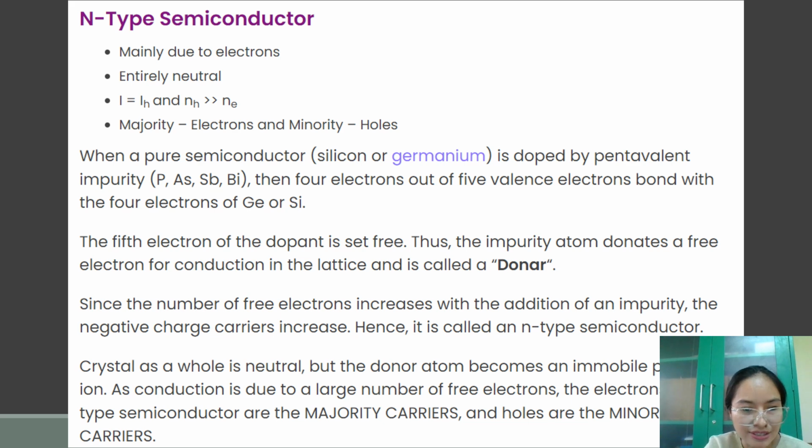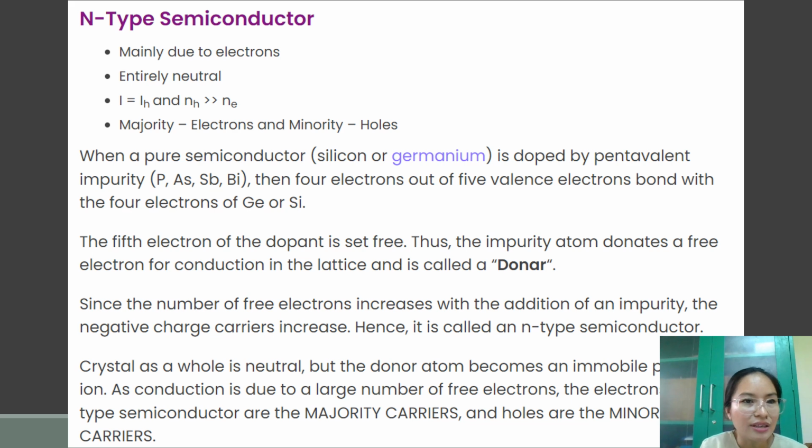As conduction is due to a large number of free electrons in the N-type semiconductor, these are the majority carriers, and holes are the minority carriers. Remember, holes are the positive, but the N or the electrons are the negative.